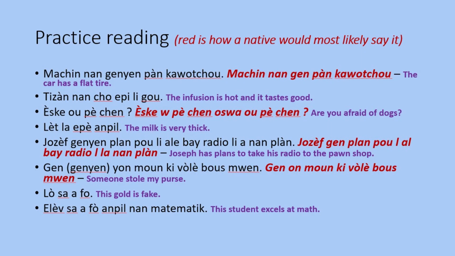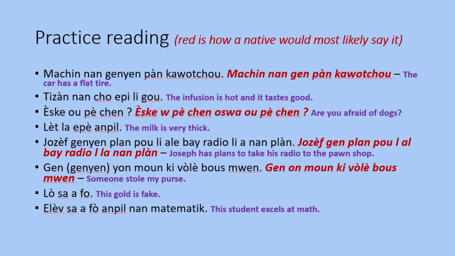We have "let la épais en pile." Épais is thick, okay? Let is milk. You see? Look at this one. The E in "let" has the accent, so it's "let." But look at "épais." The first E doesn't have the accent, so it has the long A sound in English, like "A."